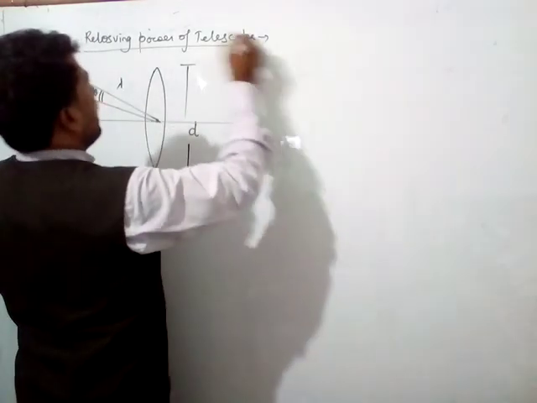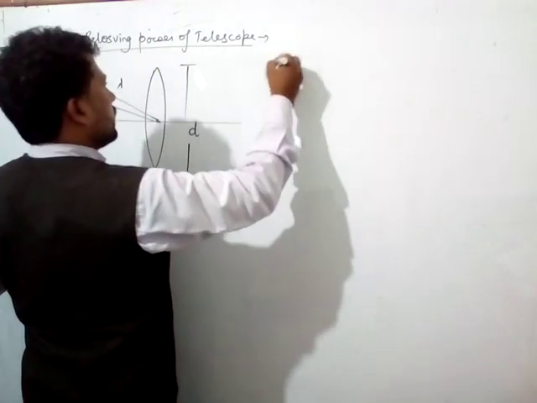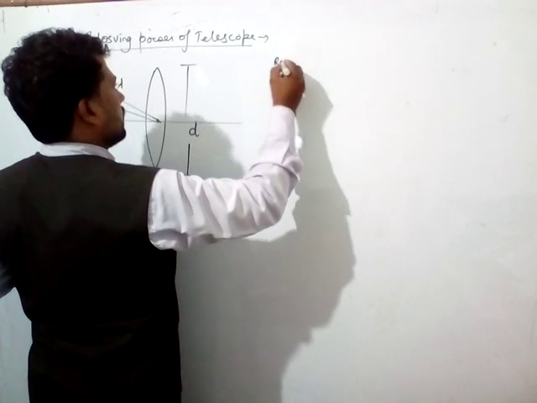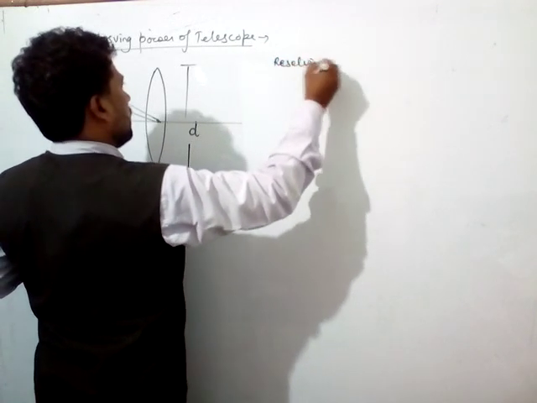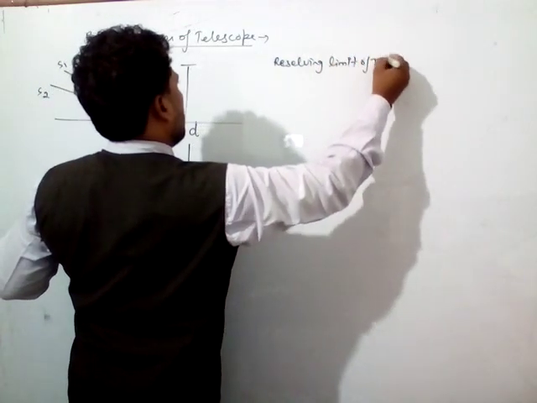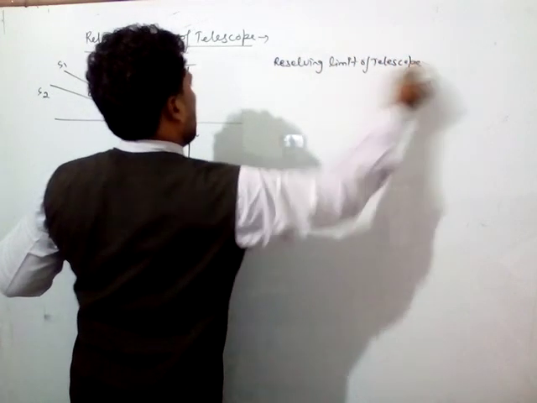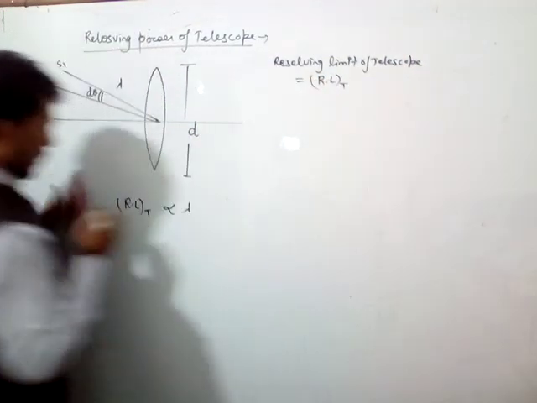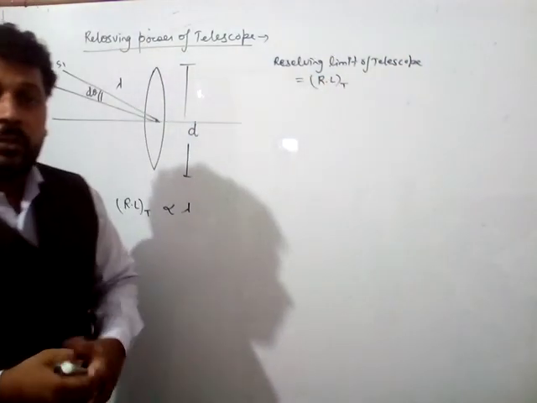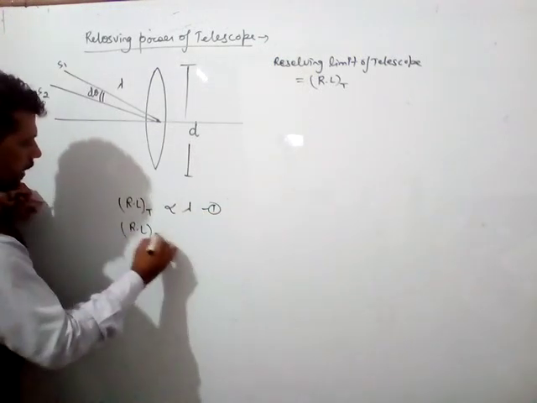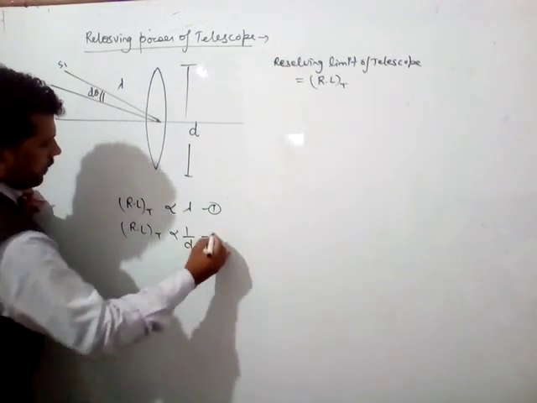So the resolving limit of the telescope is directly proportional to lambda. We denote it in shortcut like this. It is directly proportional to the wavelength and inversely proportional to the diameter.